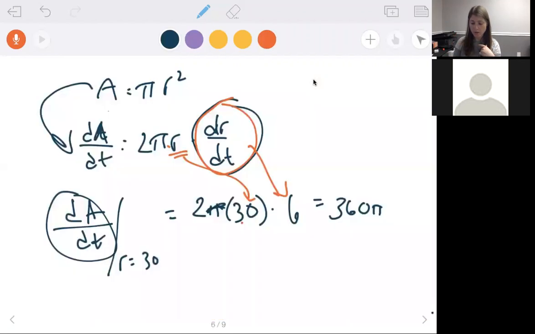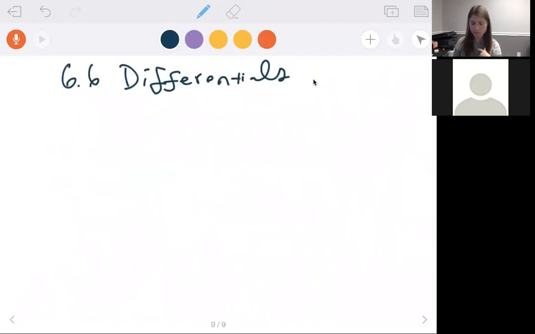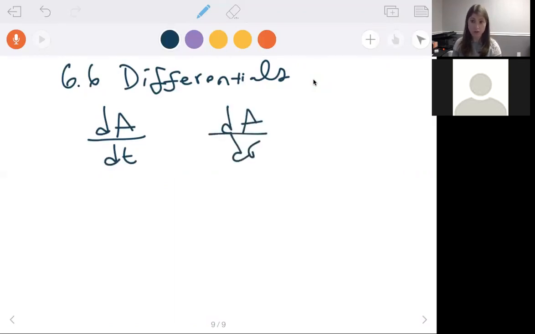So when we talk about differentials, the idea behind dA dt, or sometimes if we're talking about dA dr, in this case, will be what we look at. Then either the top or the bottom on its own, in either case, is a differential. So we talk about the derivative and we say differentiate something, but the individual components, the dA and the dr, are called differentials.